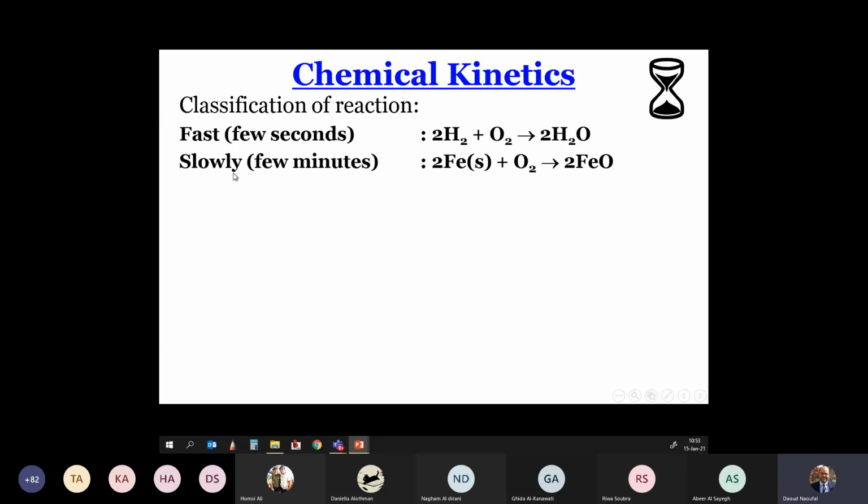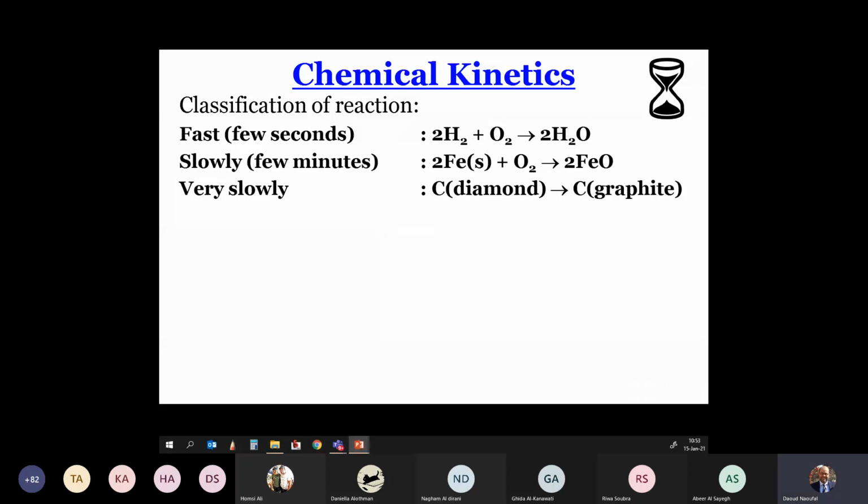We have slow reactions, which take a few minutes, for example, the oxidation of solid iron to FeO. And a third type, very slow reactions, for example, the transformation of carbon diamond to carbon graphite. So we have three types of reactions: fast, slow, and very slow.